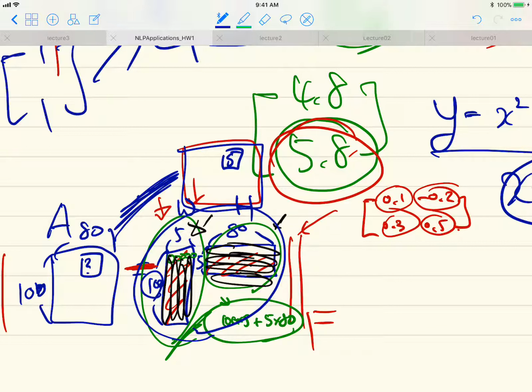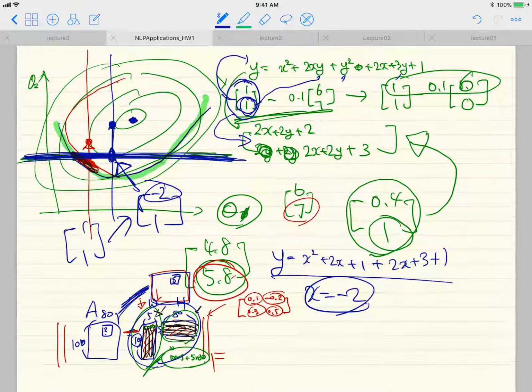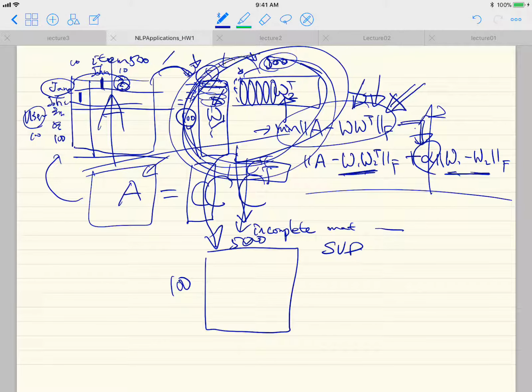And actually that value is used as the main prediction output for our movie recommendation, or collaborative filtering.